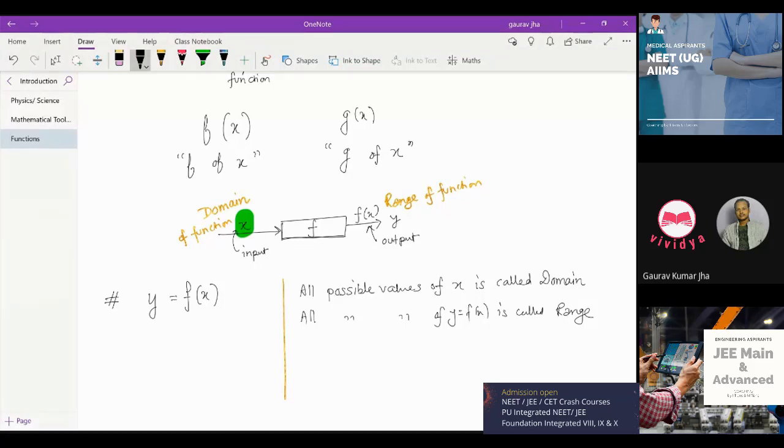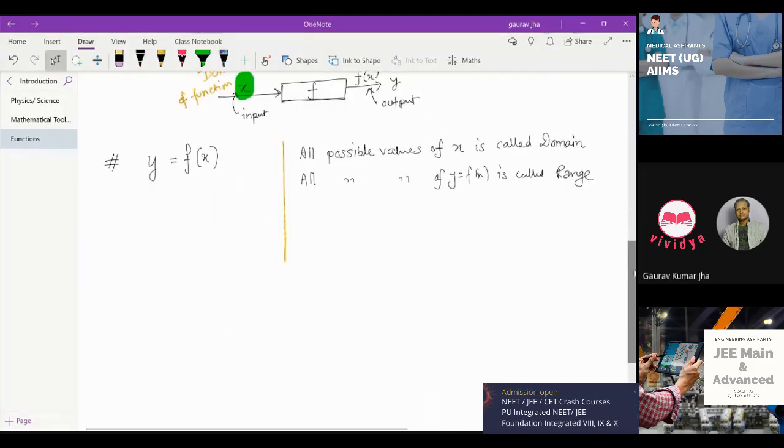So think of domain as the input values, and range as all possible output values. Now let's get back to the use of this. It's very simple actually. The introduction was only because it's new.